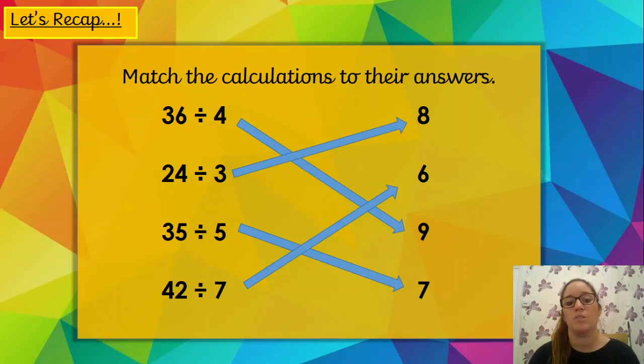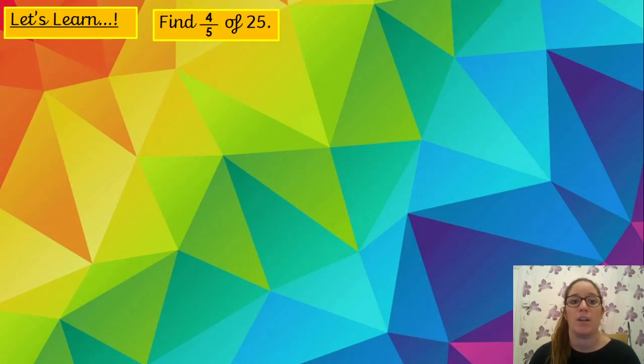And 42 divided by 7 is 6. 6 times 7 is 42. So you're going to be using your division skills today to help you. So let's have a look.